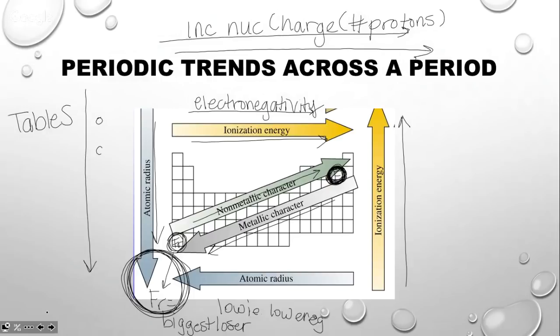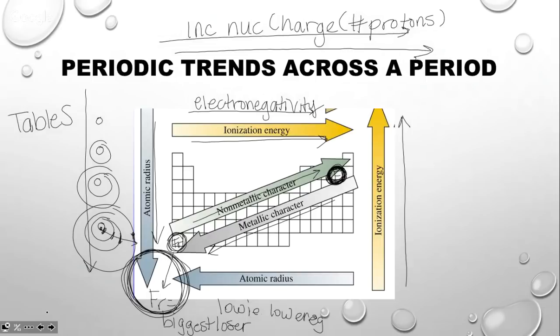But as we go down a group, the reason we see the trends that we do is because we are increasing the number of shells of electrons. Every time we add a shell on the outside, that makes the atom larger because we're adding more to the outside. But it also makes it harder for the nucleus to hold on to the valence electrons, because these extra shells in between shield the valence electrons from the pull of the nucleus.